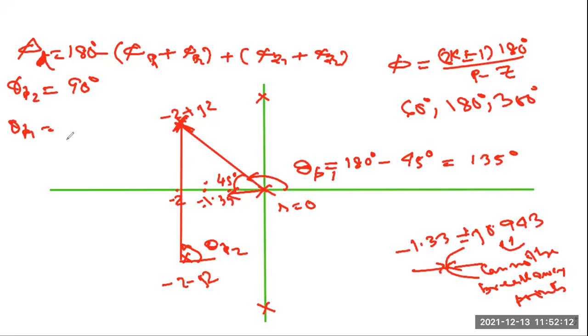Have you understood what I mean to say? Yes, sir. Okay. So phi d will be equal to 180 degree minus 90 plus 135 degree. How much are you getting? Minus 45 degree. Very good.